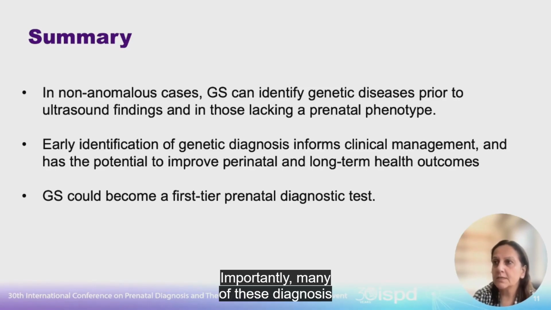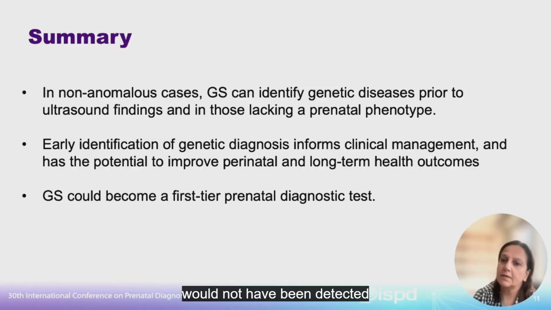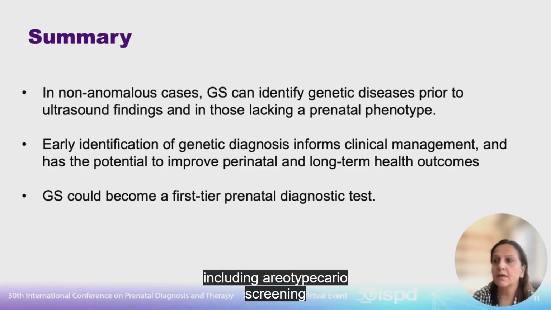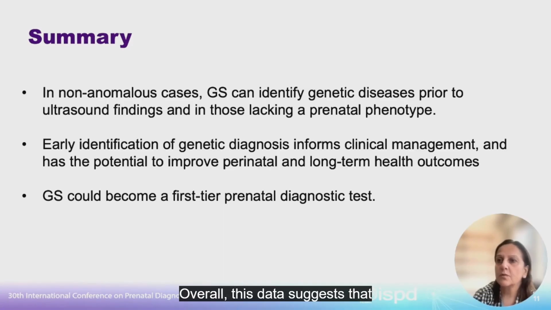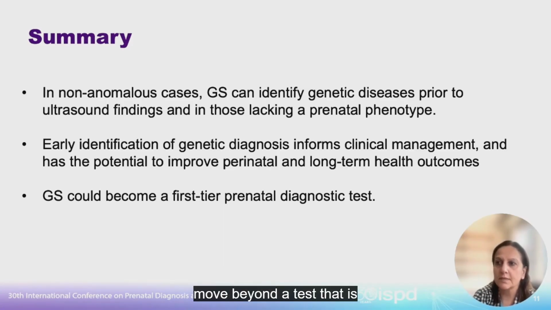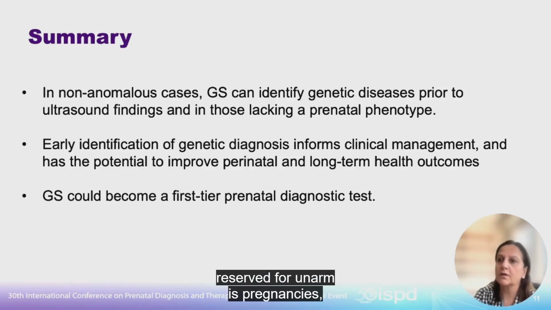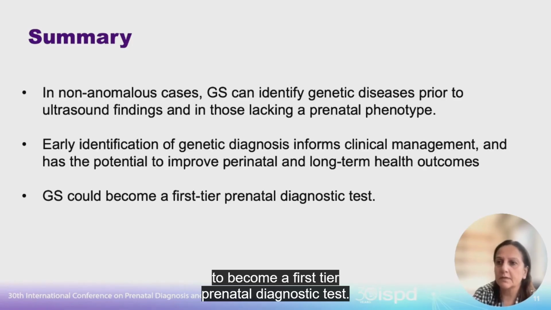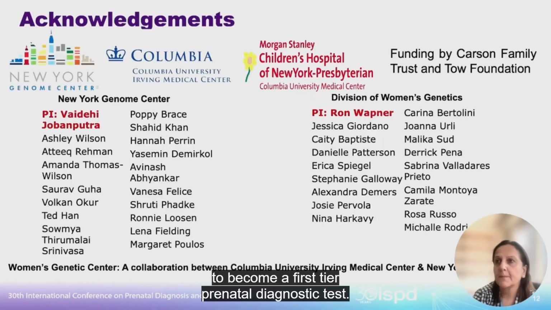And importantly, many of these diagnoses would not have been detected by standard prenatal testing, including karyotype, microarray, carrier screening, or newborn screening. So overall, this data suggests that genome sequencing has the potential to move beyond a test that is reserved for anomalous pregnancies, and to become a first-tier prenatal diagnostic test.